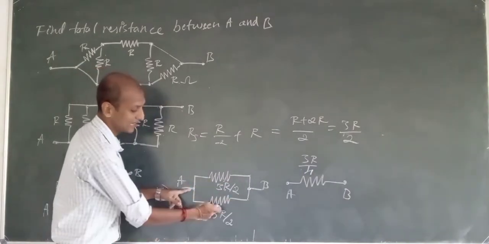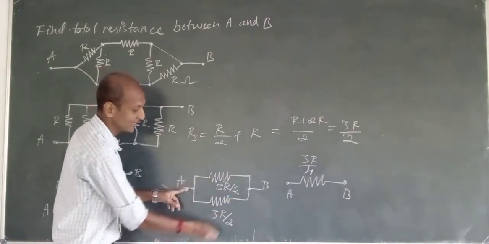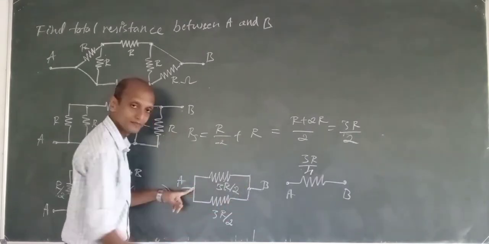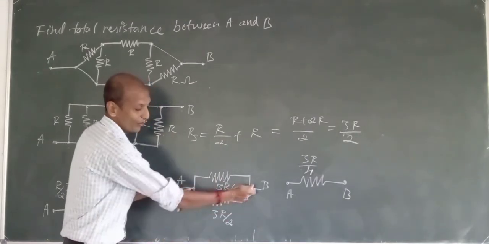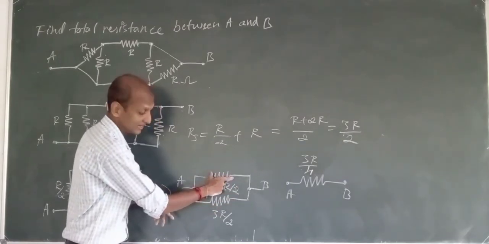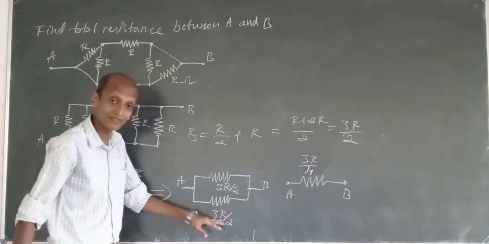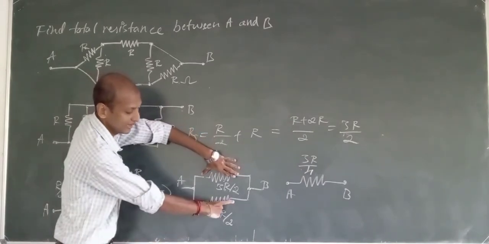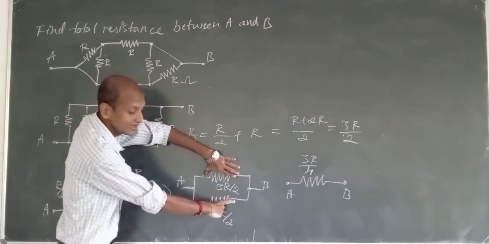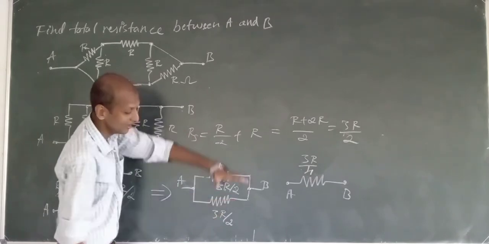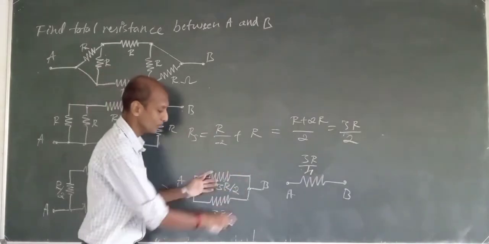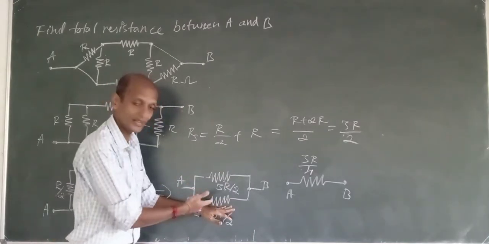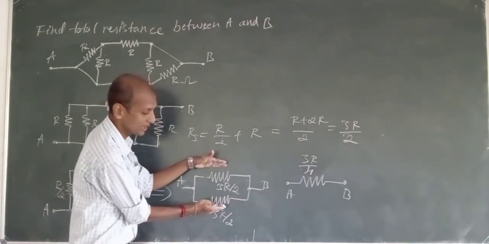Now these two resistances, 3R by 2 and 3R by 2, are in parallel between point A and B. How? Because the two ends of this resistance are connected to the corresponding two ends of the other resistance. So both ends are connected to both ends of this resistance, so these two are in parallel.